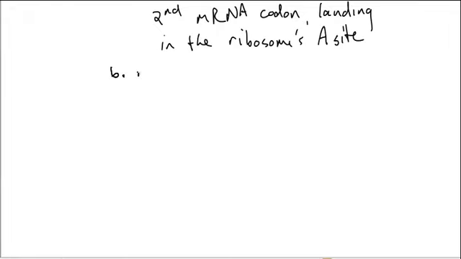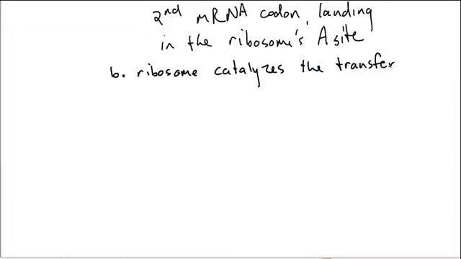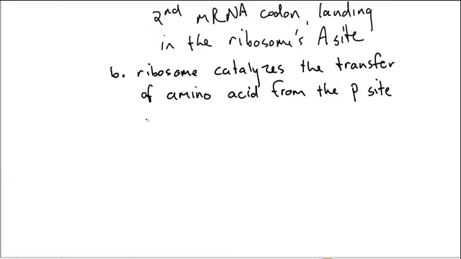B: the ribosome catalyzes the transfer of amino acid from the P site to the A site.